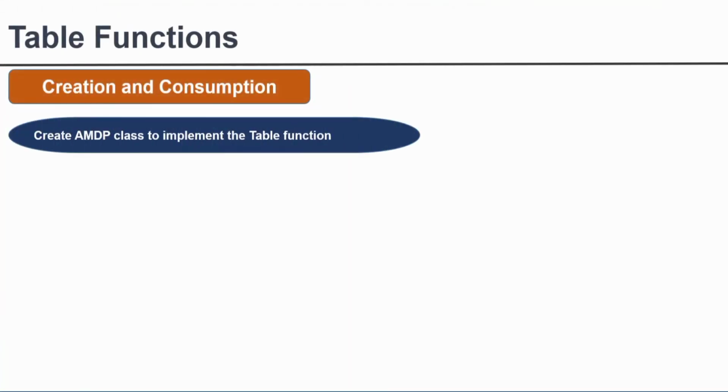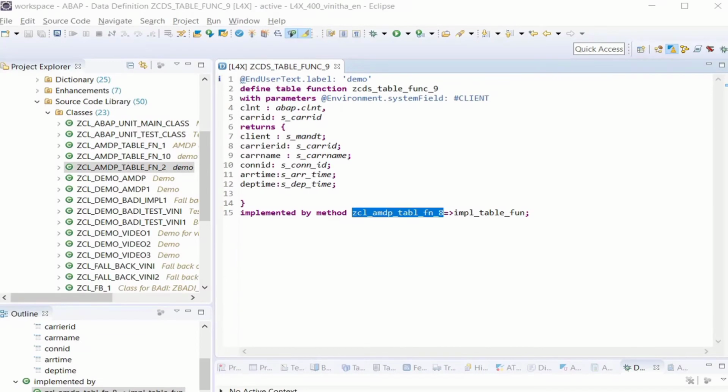Next you will see how to create AMDP class to implement the table function created before. As the second step, you need to create and implement the AMDP class and the method given within the table function.